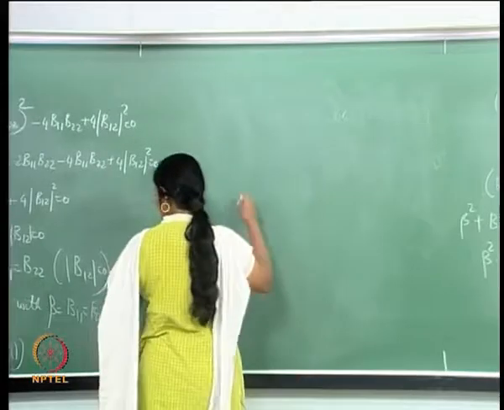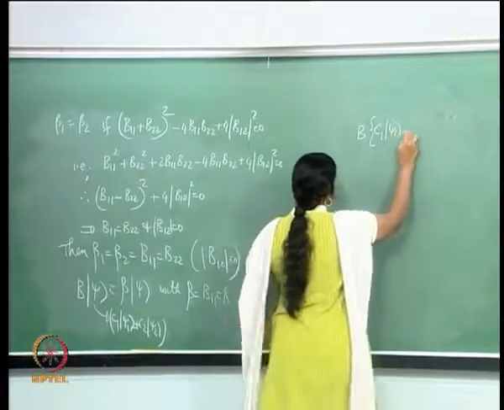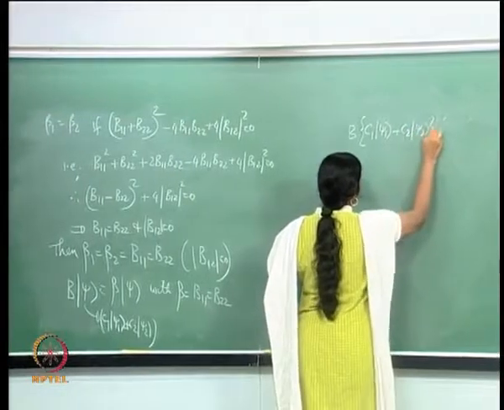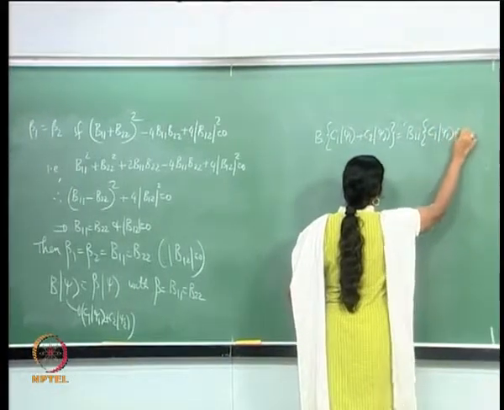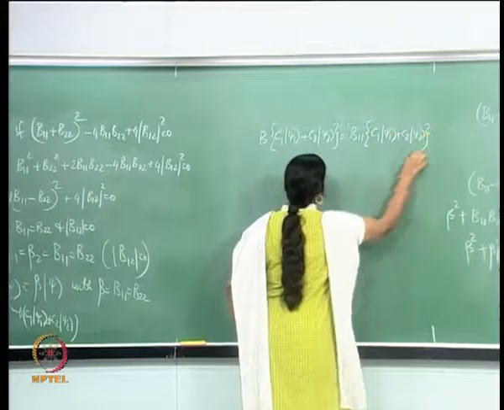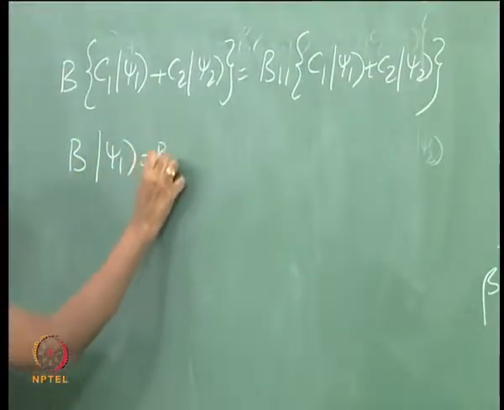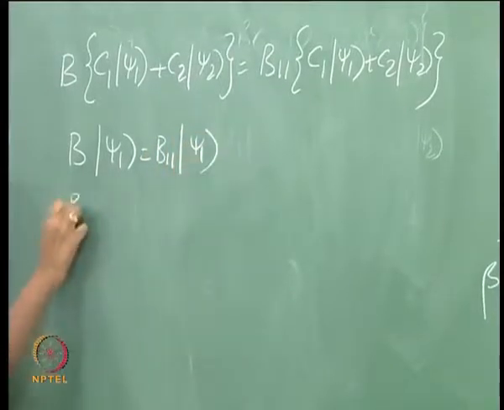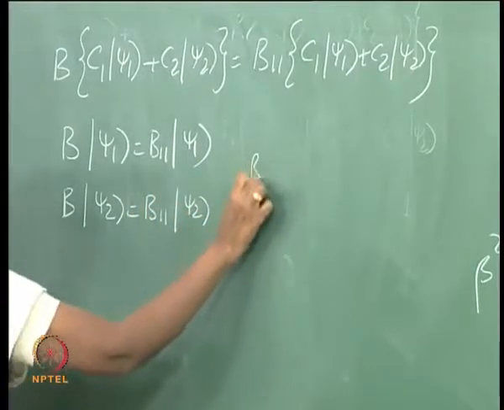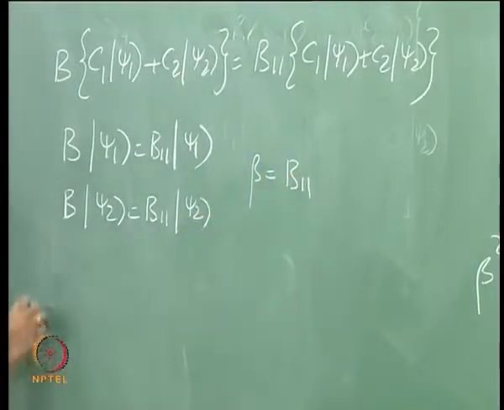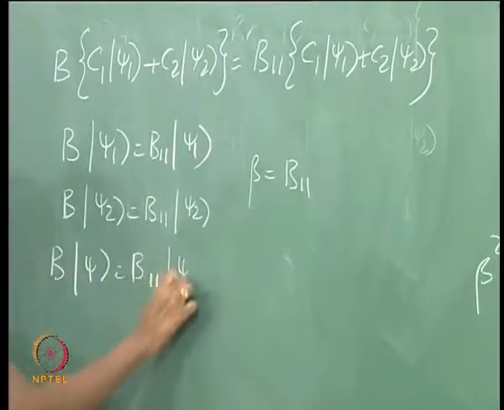I therefore have B of C1 psi 1 plus C2 psi 2 is B11 times C1 psi 1 plus C2 psi 2. This is true for any C1 and C2. Therefore, I have B psi 1 is B11 psi 1, B psi 2 is B11 psi 2. Remember, the beta was B11, and for any linear combination, B psi is equal to B11 psi.